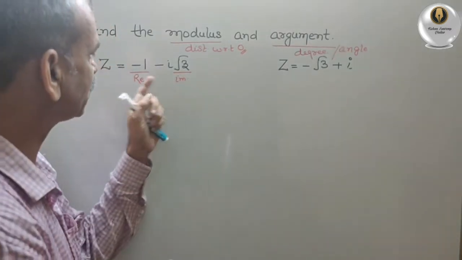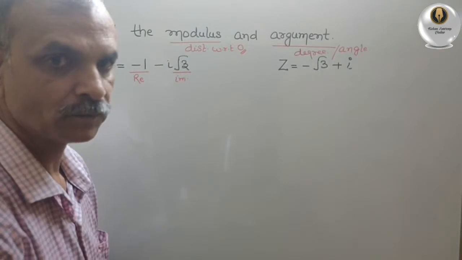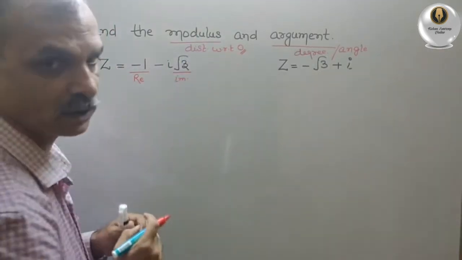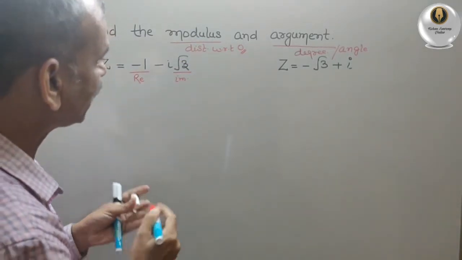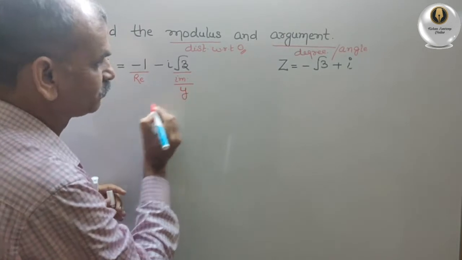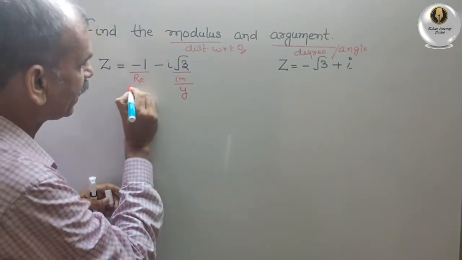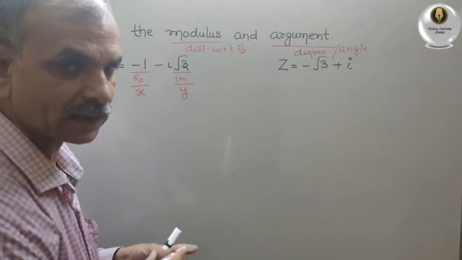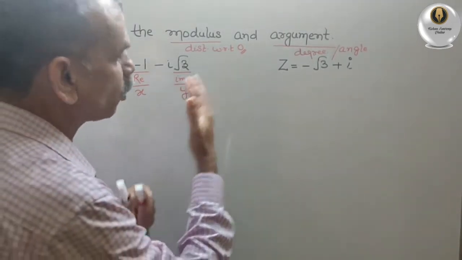First we have to find the modulus, that means distance. The imaginary number will give you the y-axis and the real number will give you the x-axis. X-axis means x coordinate and y coordinate.